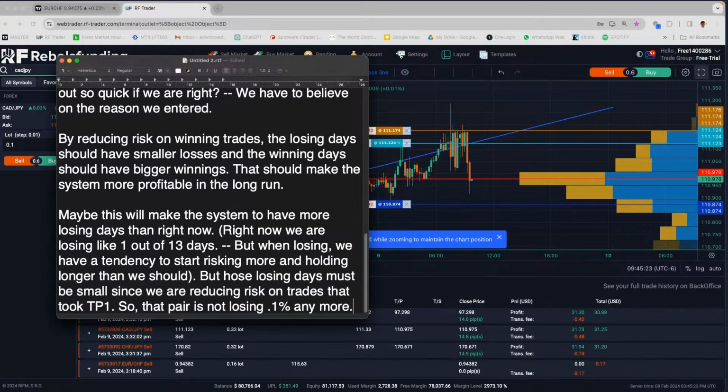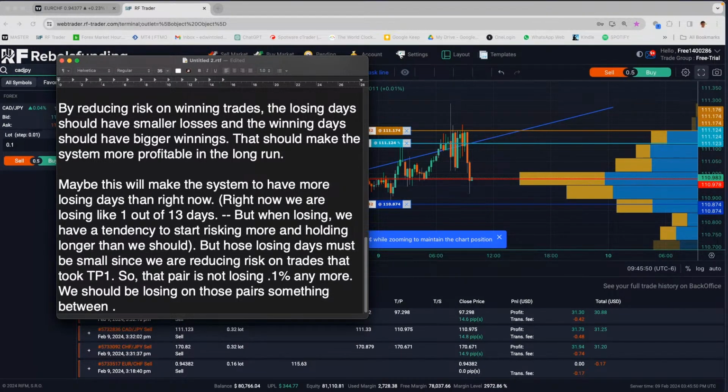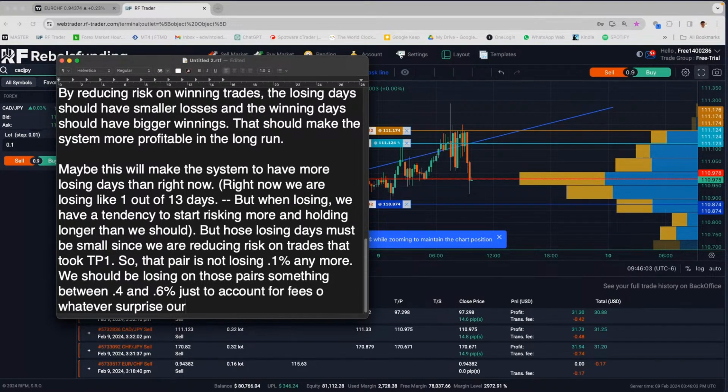So if one of those 4 trades hit TP, and also if we reduced the loss by 50%, of course, we should be losing on those pairs something between 0.4 and 0.6%, just to account for fees or whatever surprise the broker throws at us like yesterday.